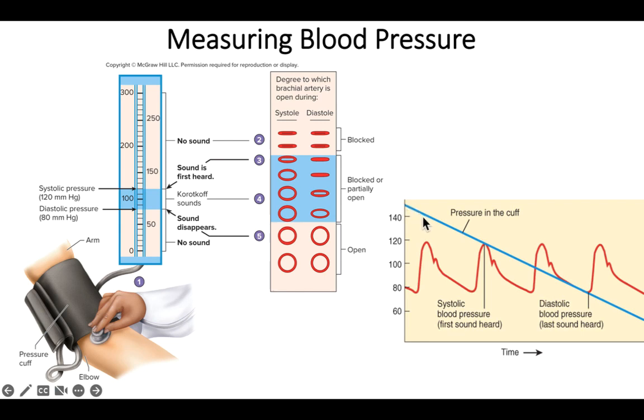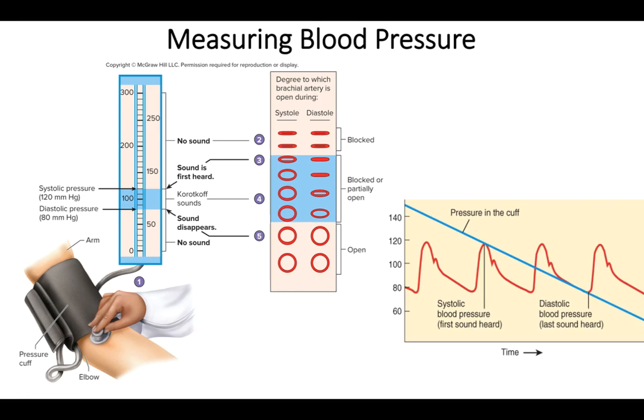As the pressure drops, once it reaches systolic pressure, so the pressure in the cuff equals the highest pressure in the artery, you start to hear the first Korotkoff sounds. As you release the pressure, once it equals diastolic, those sounds go away. So the first time you hear the sounds is systolic. The last time you hear the sounds is diastolic.